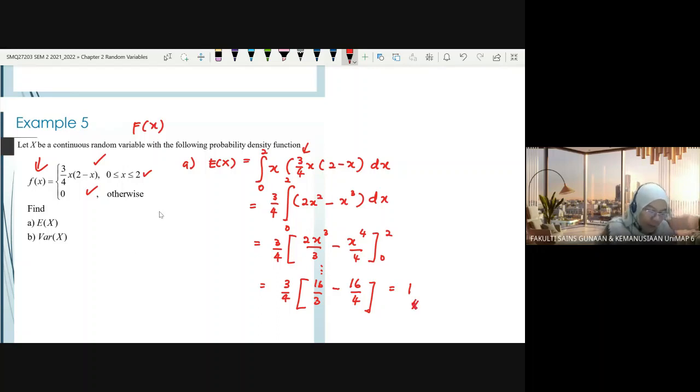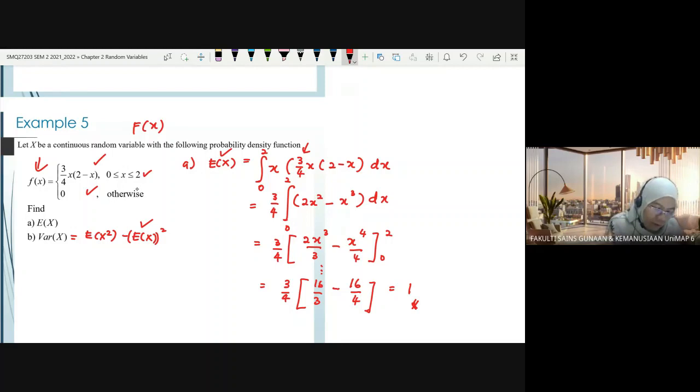So you need to find what is the variance of x. In order to find the variance of x, you need to find E(x squared) minus (E(x)) squared. So E(x), you got this one. You need to find E(x squared).